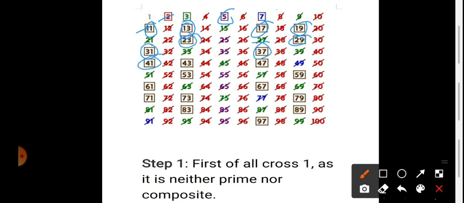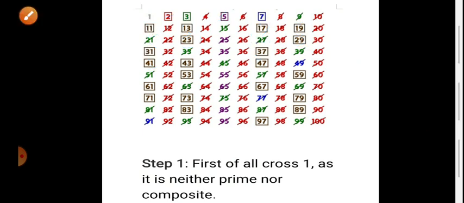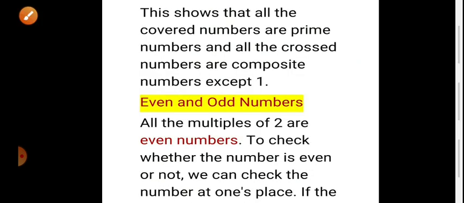All these numbers which are in a square box are prime numbers, and the numbers which have been crossed are all composite numbers. So this shows that all the boxed numbers are prime and all other crossed numbers are composite numbers except 1, because 1 is neither prime nor composite.